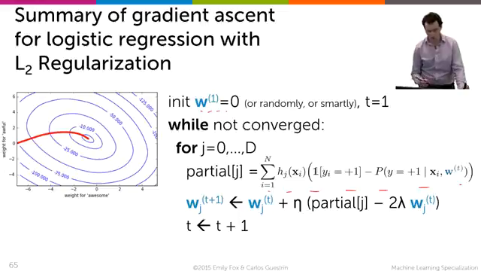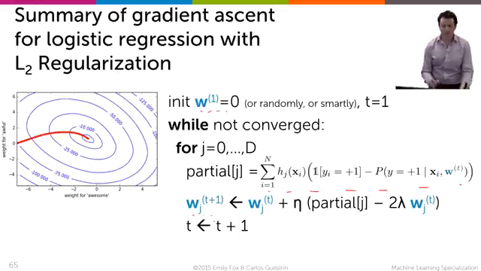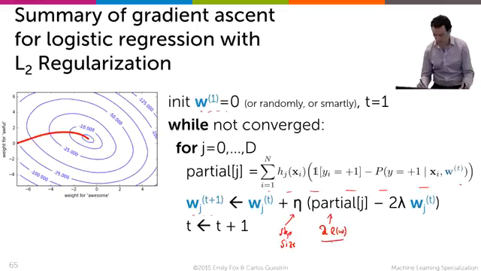We call that partial j. And you have the same update. Wj at t plus 1 is Wj at t plus the step size times the partial derivative just as before, which is the derivative of the likelihood function with respect to Wj.